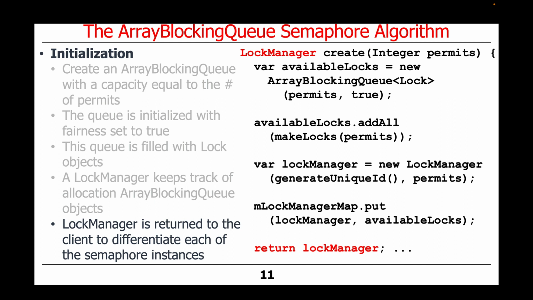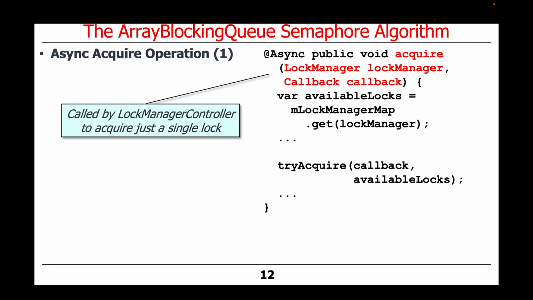And the very final thing we do is return the lock manager back to the client so that it can differentiate each of the different semaphore instances. So lock manager in this case is a user-defined type, and we're passing it back using the magic of Spring and its ability to pass around Java objects that are typed on both the client and the server.